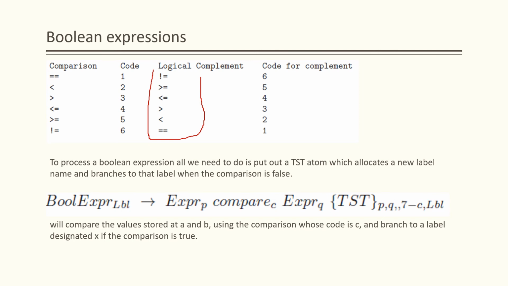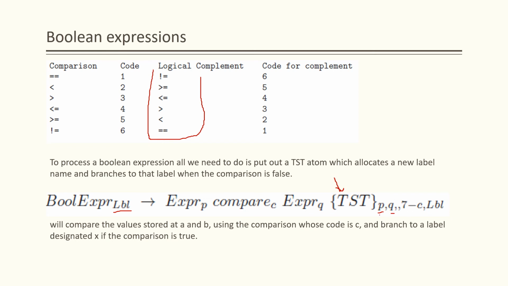Given this grammar, Boolean expression label: expression P compare C expression Q. The action symbol is to compare. Remember, an action symbol forces the compiler to actually do the operation. In this case it is TST, so TST here will be P Q, which means you compare P and Q.